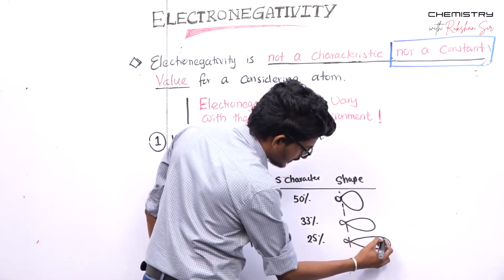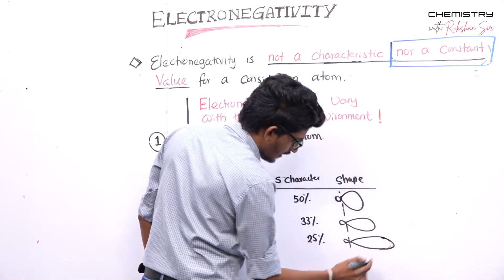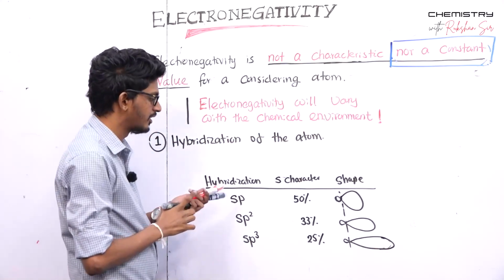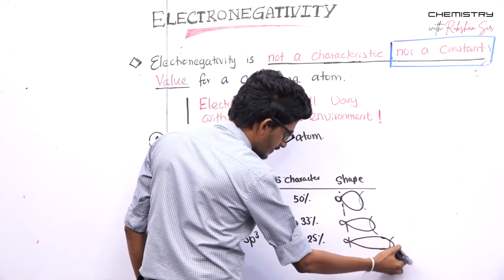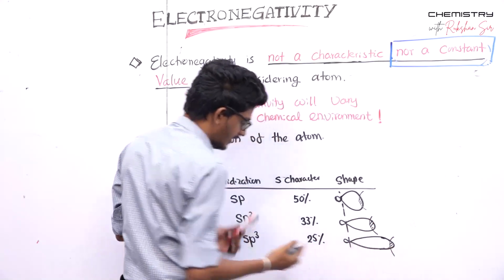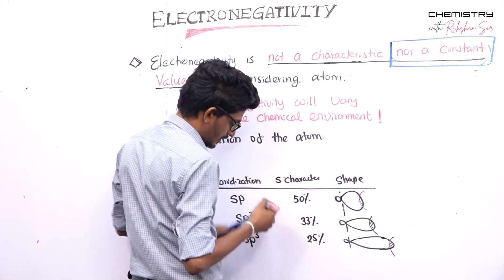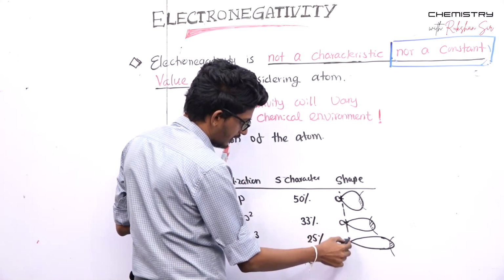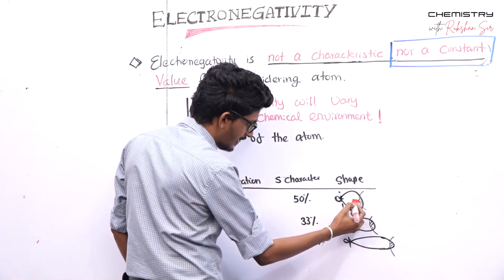These are the shapes of the 3 hybrid orbitals. When it comes to a shared pair of electrons, you clearly see the shared pair of electrons is closer to the nucleus in the sp orbital than in the sp3 orbital. So here the shared pair will be greatly attracted.